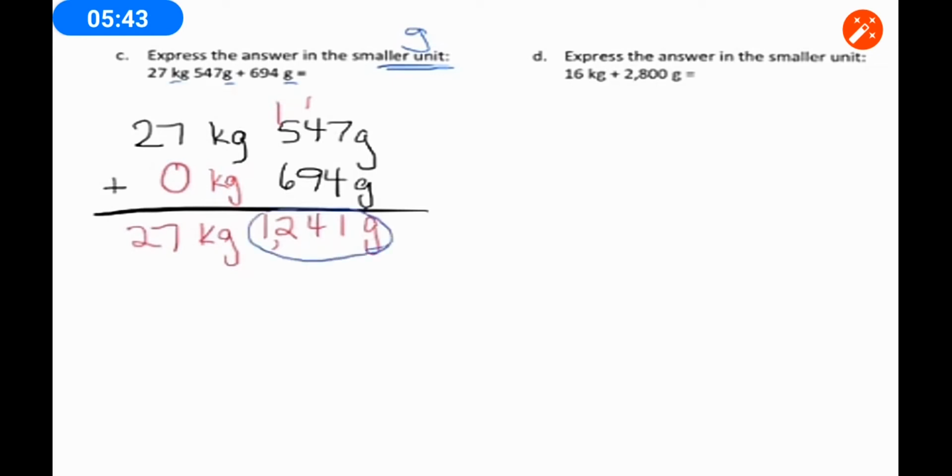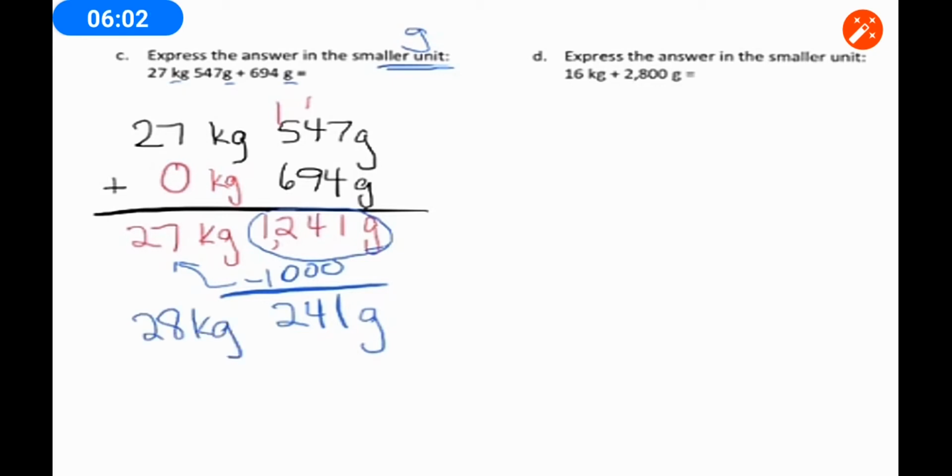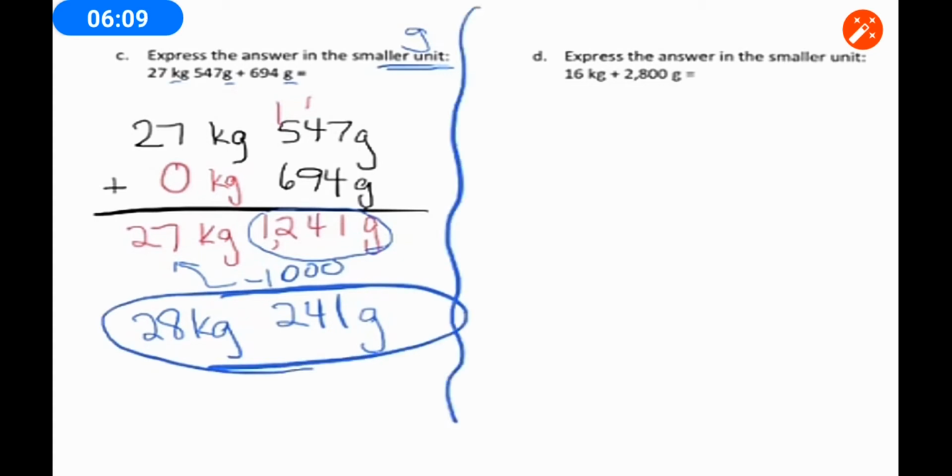Now remember, 1,000 grams is 1 kilogram, so minus 1,000, you are left with 241 grams. Then the 1,000, you add it to your 27. 27 plus 1 will give you 28 kilograms.